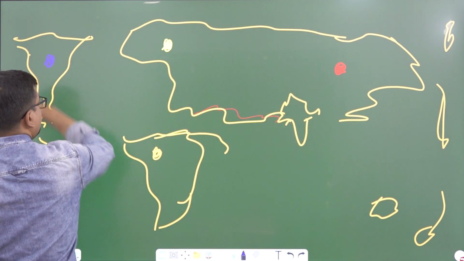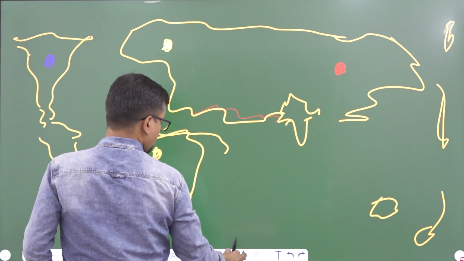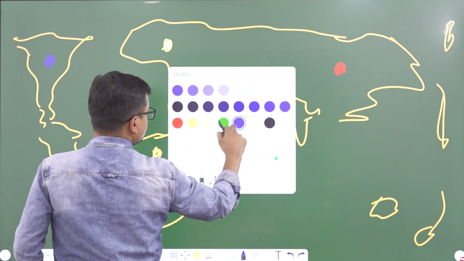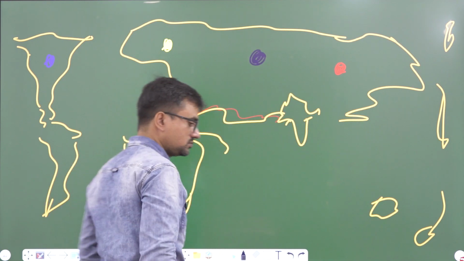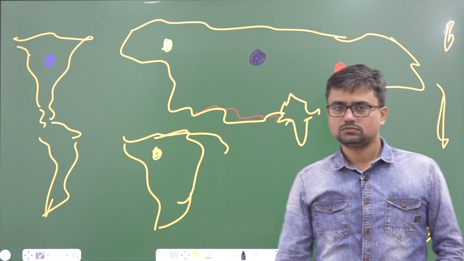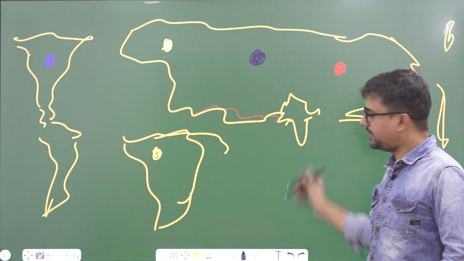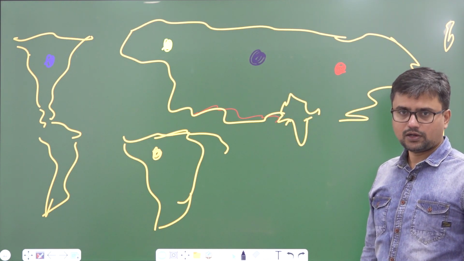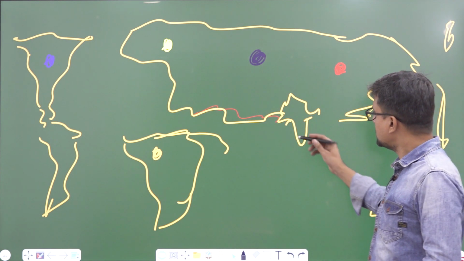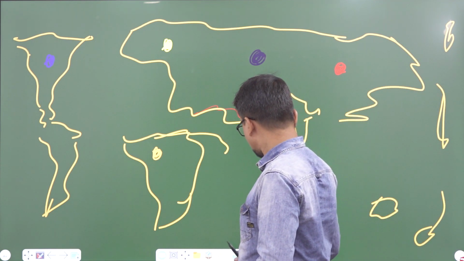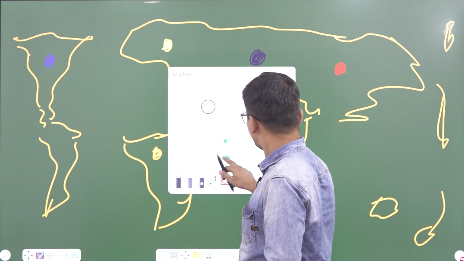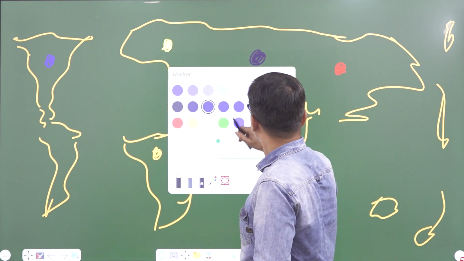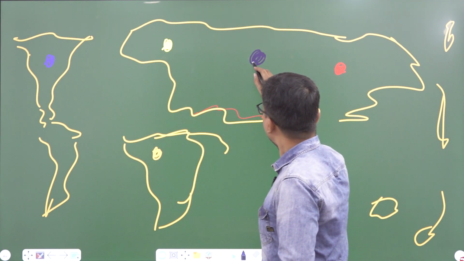Here one culture. Here one culture. Have they developed independently, or has culture developed at a particular place? Culture has developed at a particular place, say here, from there it has diffused.